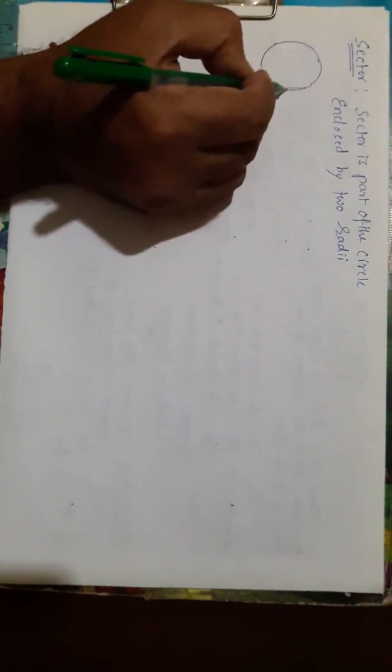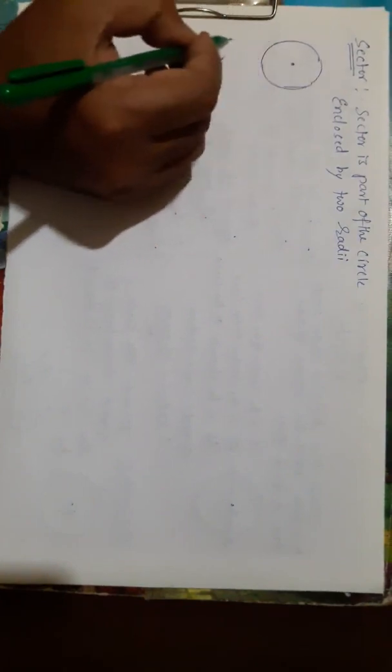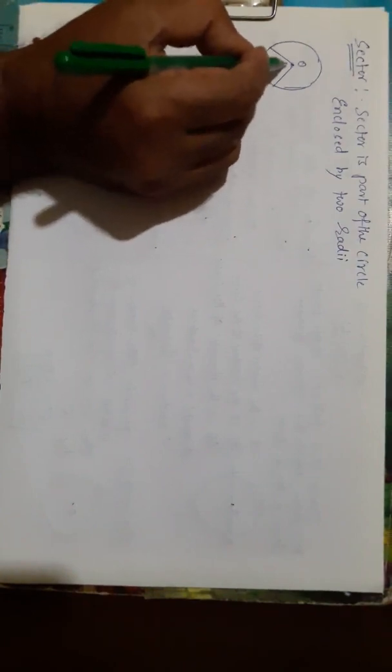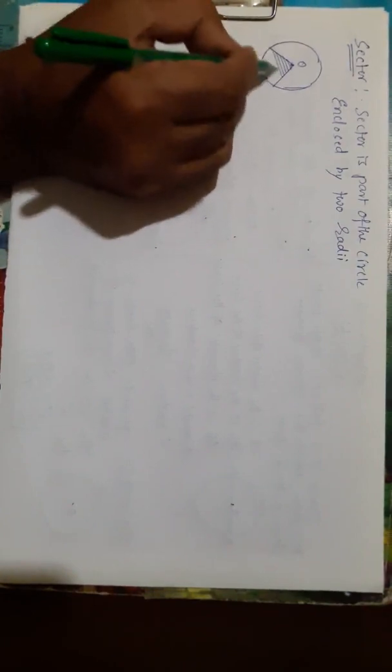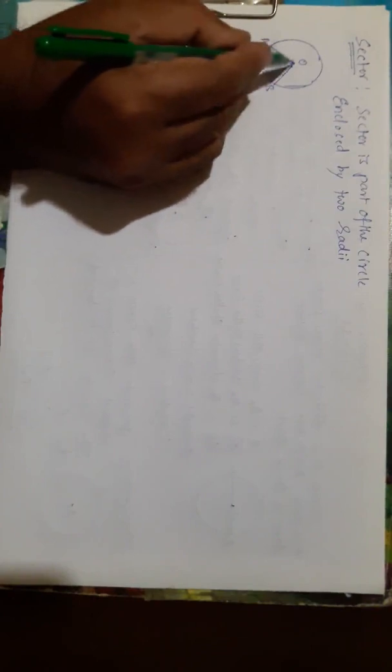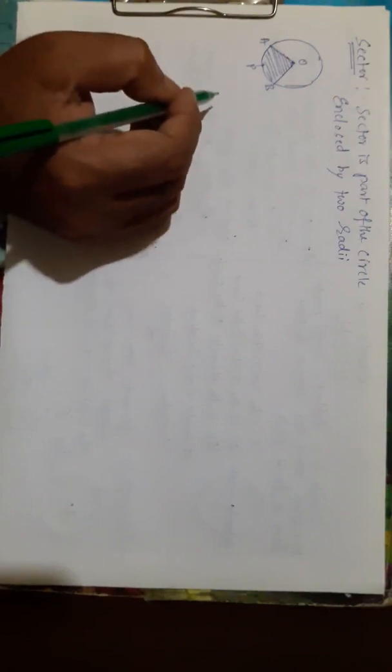Let us draw one circle. O is the center of the circle. Now I am drawing two radii. So this shaded portion, that is OAPB, is the minor sector of the circle.